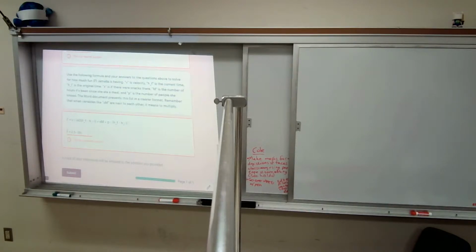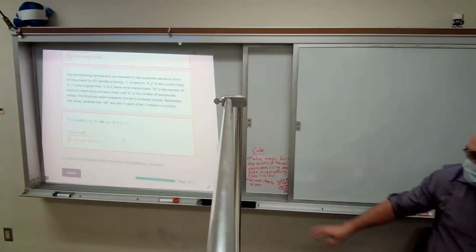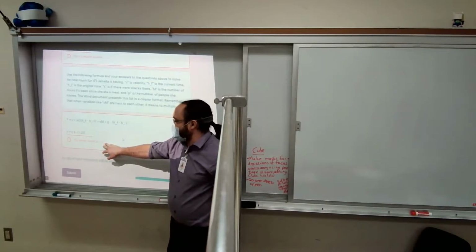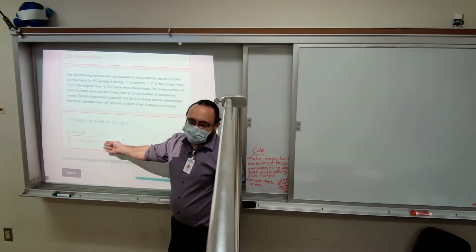So 1.25. And 2.5 minus 1.25 should be 1.25. I think yeah, I gave you the answer for that because it is a little bit of a weird thing to do. So see how this is your hint for if you get it wrong, this is what it tells you. It's like, here's the answer.